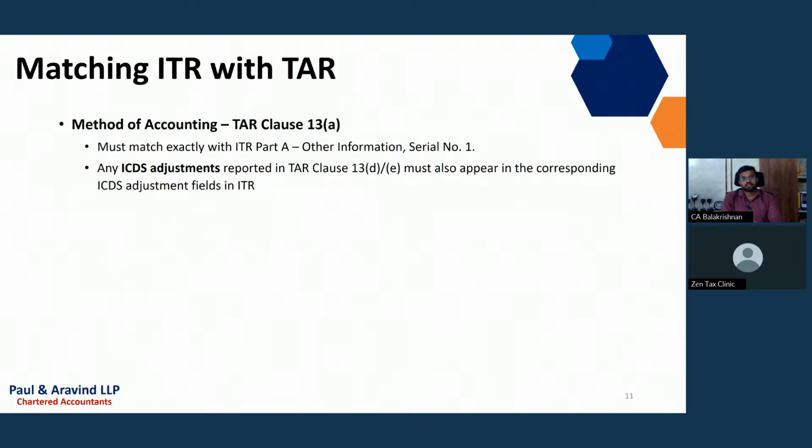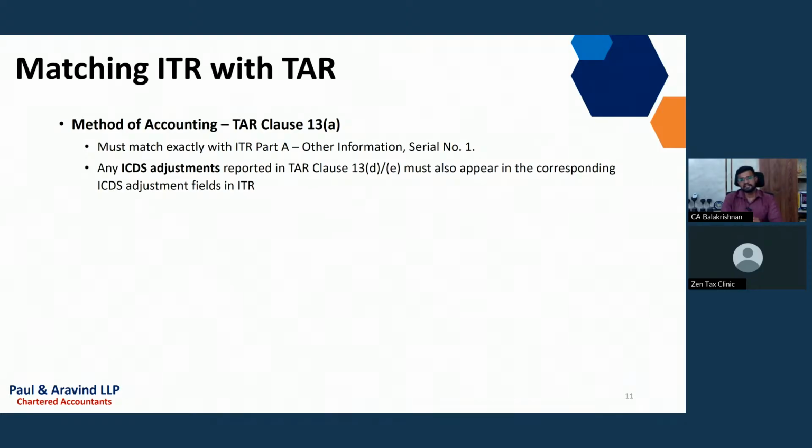And the first thing is, in clause number 13 of the tax audit report, the method of accounting needs to be given, whether the assessee is following cash basis method of accounting or mercantile system of accounting. This needs to be reported in the ITR form also. So we need to be cautious that this has been selected correctly.